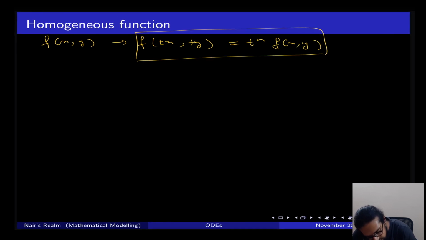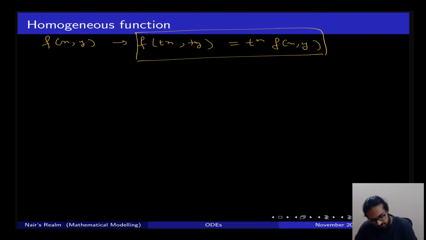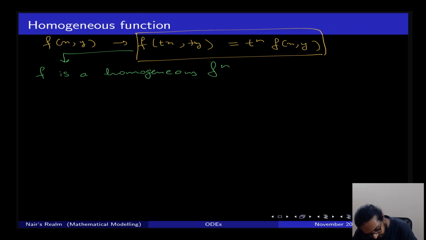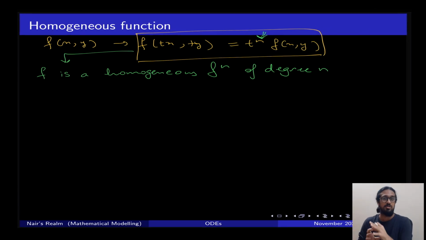If this condition is satisfied, then I can say that f is a homogeneous function of degree n, because that was the term that I could take out, t power n. The power of the t that I took out is the degree of the homogeneous function.